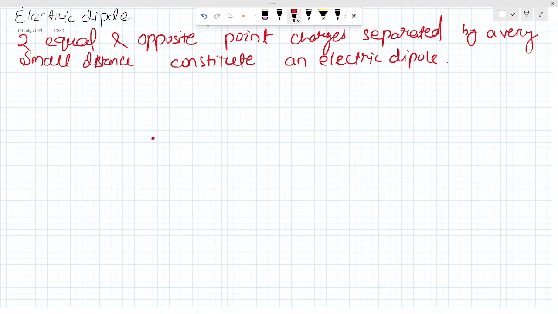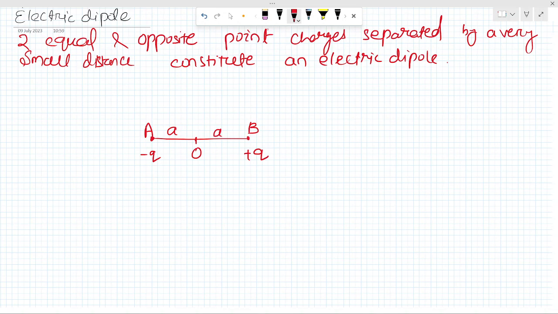Like I have a charge at point A, minus Q, and at a distance R I have point B, and at point B I have a charge plus Q. Let's suppose, forget about R. Suppose this is the middle point O, and from A its distance is small a, and from B its distance is small a.